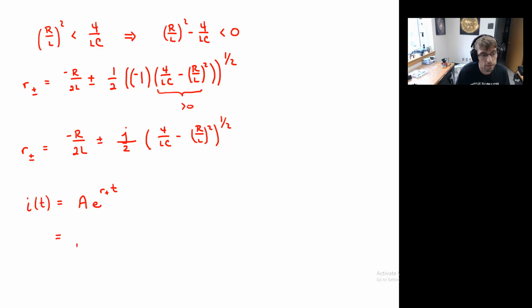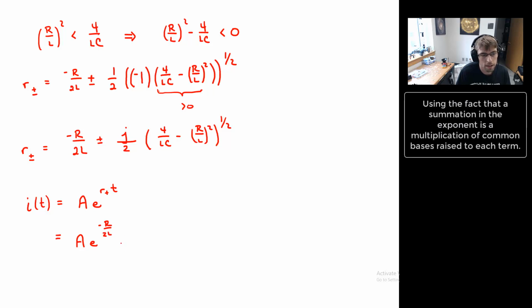This means I have e to the negative R over 2L, and then I have e to the j over 2 times 4LC minus R over L squared to the 1/2.